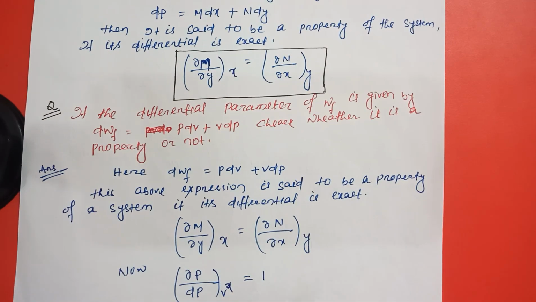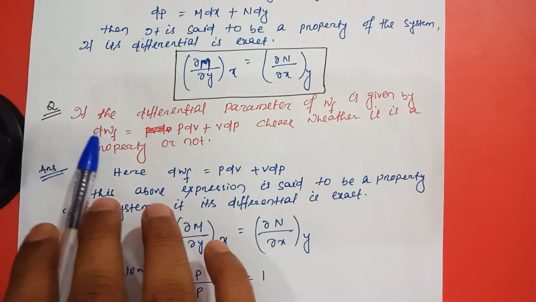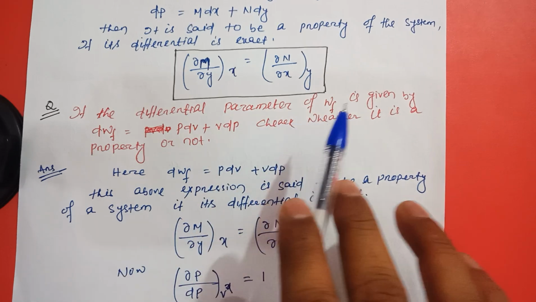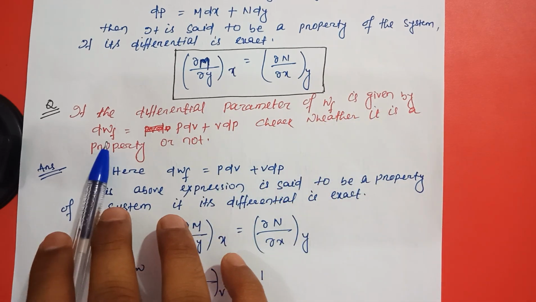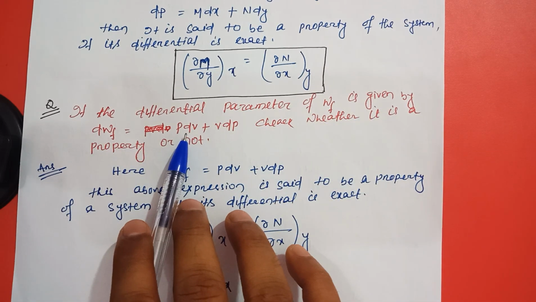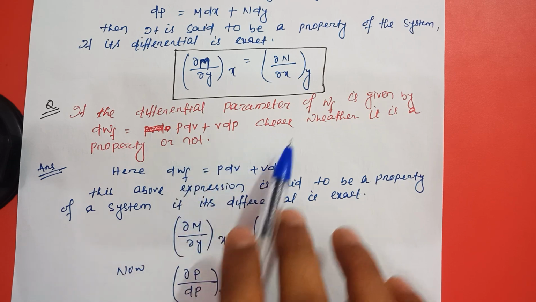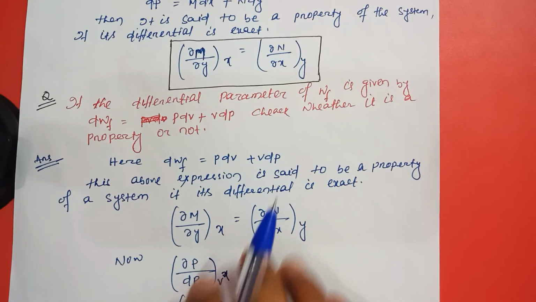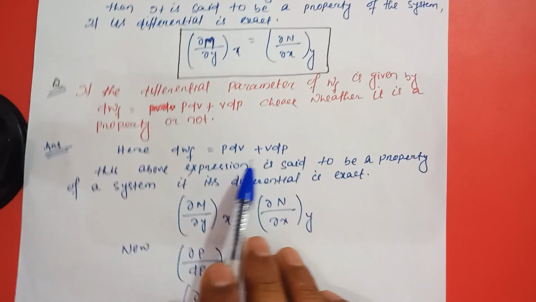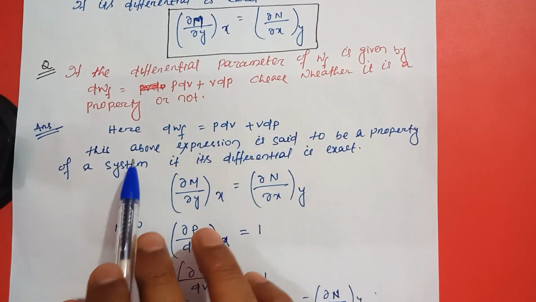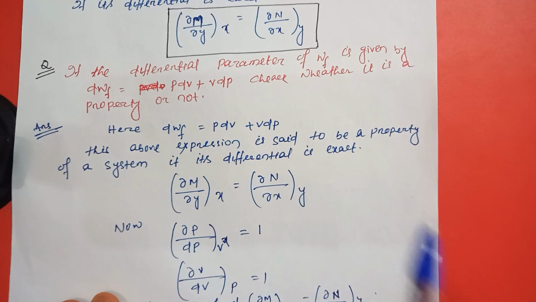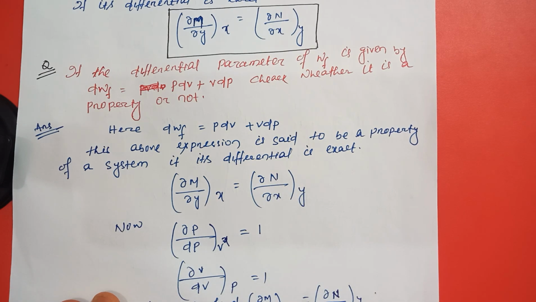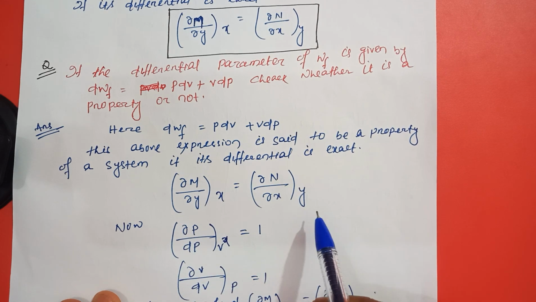Now I am going to solve a problem. If the differential of W_F is given by dW_F equal to p dv plus v dp, check whether it is a property or not. This expression is said to be a property of a system if its differential is exact, that means del M by del y of x equals del N by del x of y.